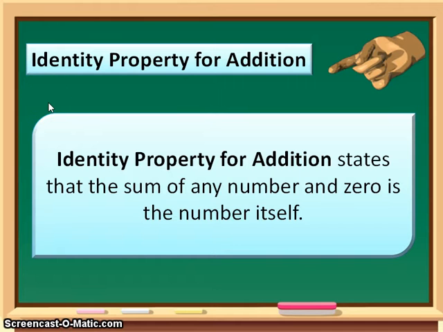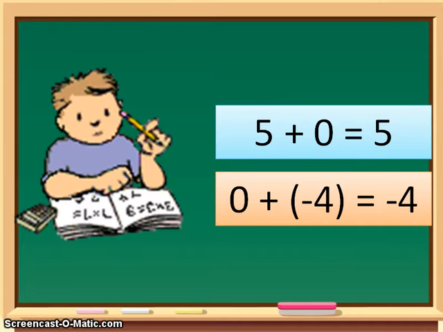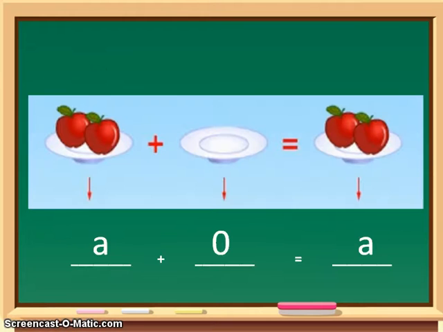So identity property of addition states that the sum of any number and 0 is the number itself. Example, 5 plus 0 is 5. 0 plus negative 4 is negative 4. So identity property is A plus 0 is equal to A.